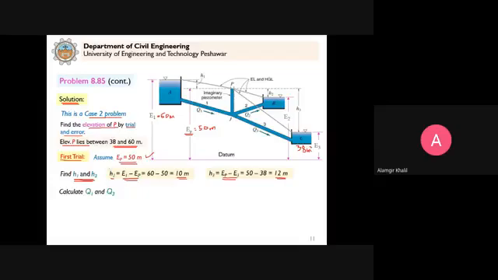Now that we know H1 and H3, we can calculate Q1 and Q3. How to calculate? We will assume turbulent flow to avoid the trial and error, because F is unknown. The friction factor is not given in the problem, so you would have to assume the F value, then do trial and error and calculate the F value until it comes out the same as the assumed F value.